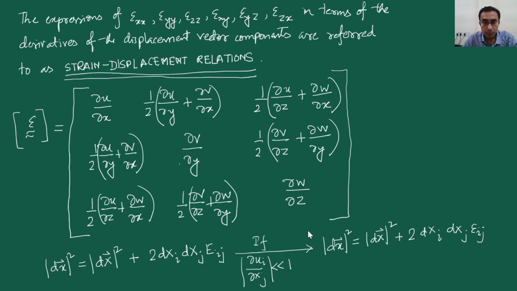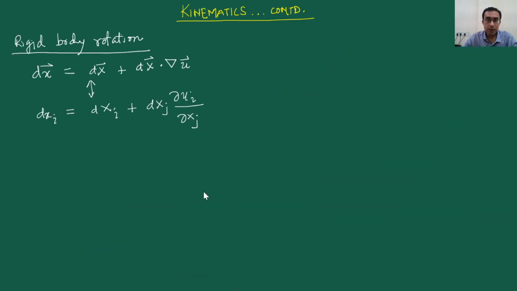So you see, if you just for a moment forget about this ui, it is as if this dxj is clubbed with this del xj. Because the index j is repeated here, what you basically have for this is dx1 del x1 plus dx2 del x2 plus dx3 del x3. That entire operator operating on this ui.